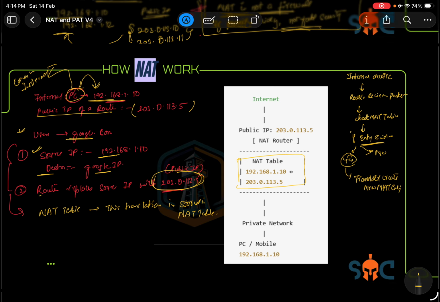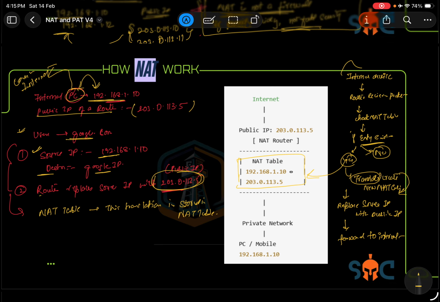If the entry exists, it will translate, and if the entry doesn't exist in the NAT table, it will create a new entry in the NAT table. After that, it will replace the source IP with the public IP, and it will forward it to the internet.